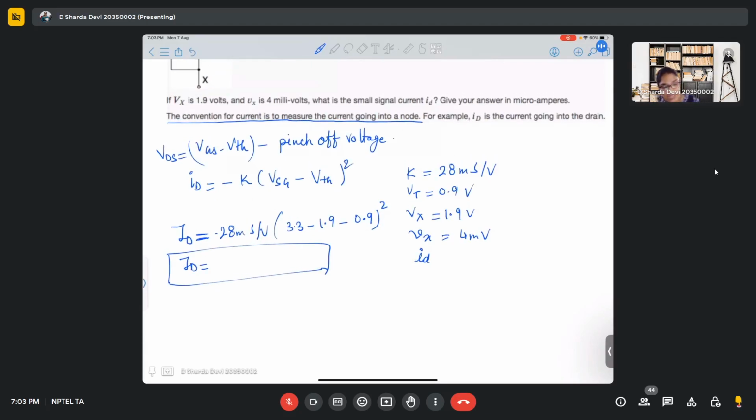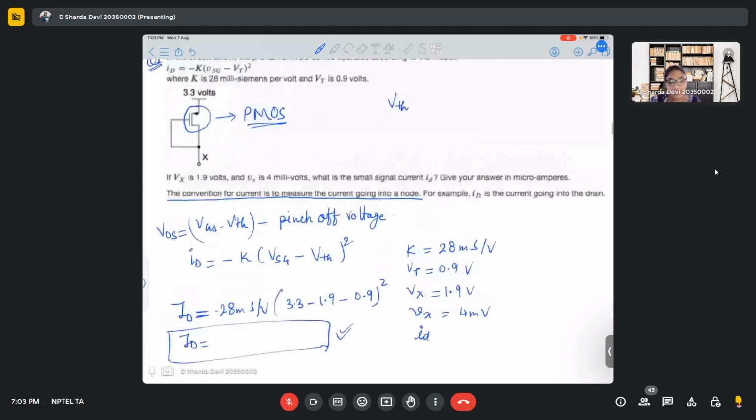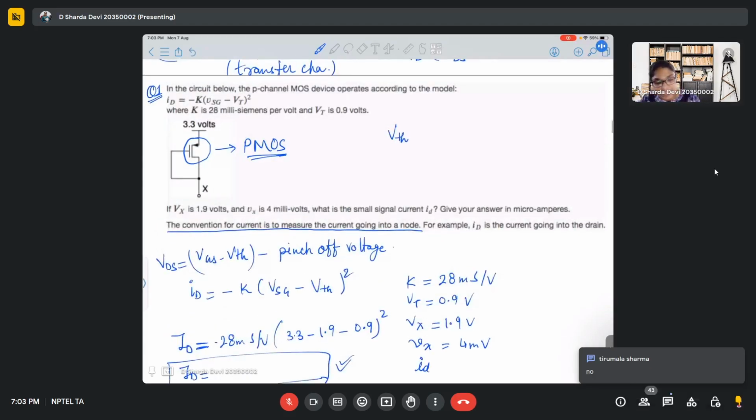Now is this what we actually want? The ID that we are calculating out of the formula, is it the same ID that is asked in the question? No. This is actually the formula for DC current, right?